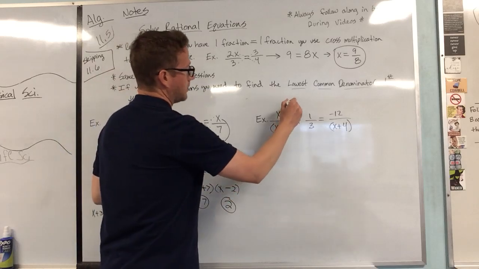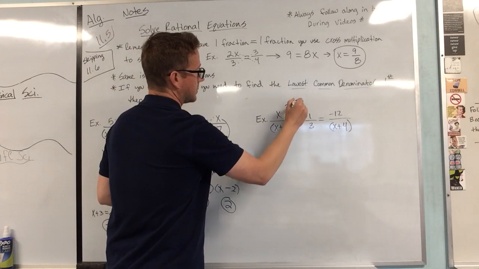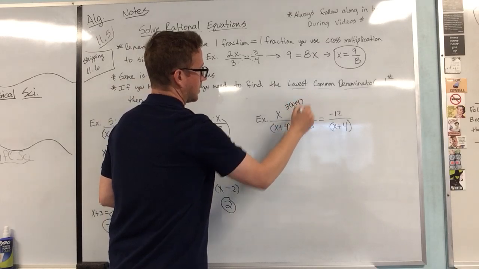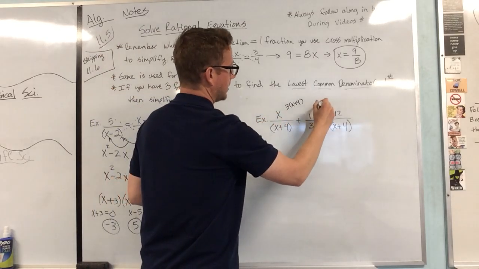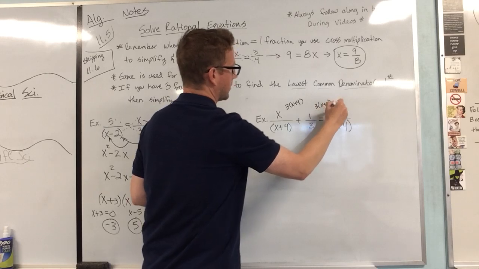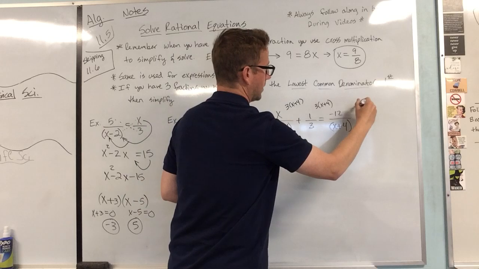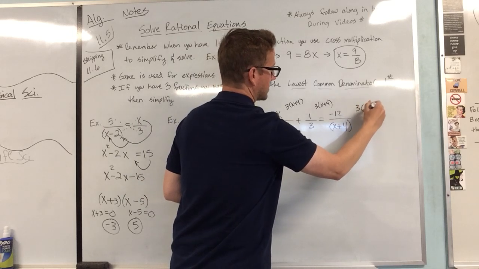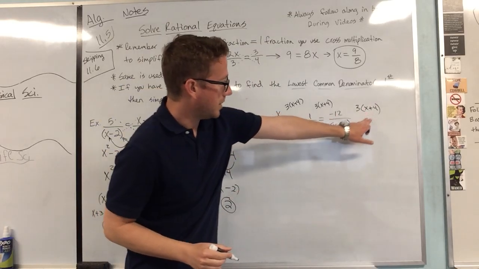So let me do that. I'm going to show you right here. We're going to do a 3 parentheses x plus 4. We're going to multiply that by this one. We're going to do it again over here. 3 parentheses x plus 4. We're multiplying it here. And then the final one, a 3 parentheses x plus 4, we're going to multiply by here.